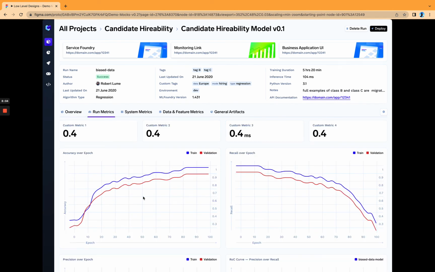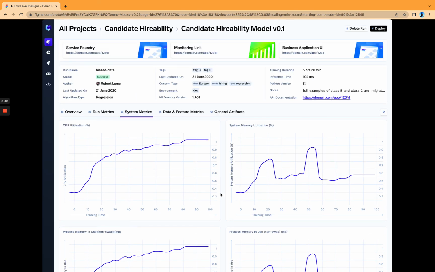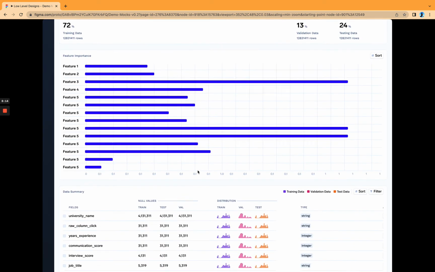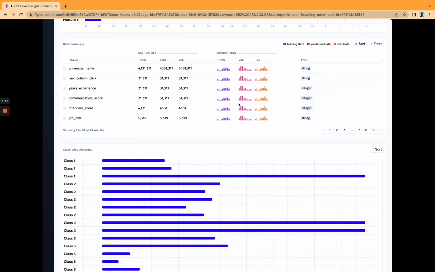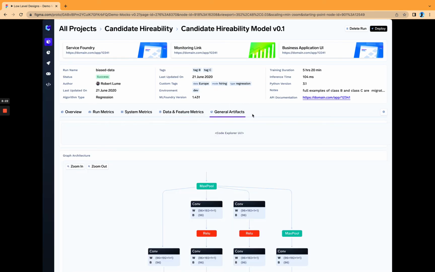You have logged all the details around your training curves, your system metrics during your training time. And as I mentioned, we provide first-class support for tracking your training data and distributions so that it's really easy for you to spot any differences in your train, test, and validation datasets. And of course, any artifacts that you have logged are all available to view.